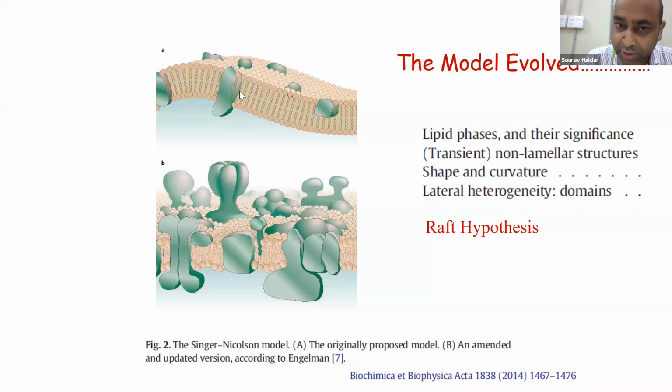So now the proteins which were freely diffusing according to the fluid mosaic model are restricted in a very small region of the membrane because the membrane is now domainized. That means the composition of the membrane at this point may not be the same as at another point in the same membrane, because of the restricted diffusion. In fact, Santoshji has brought out a very important point, and I'll get back to that towards the end of my lecture today.